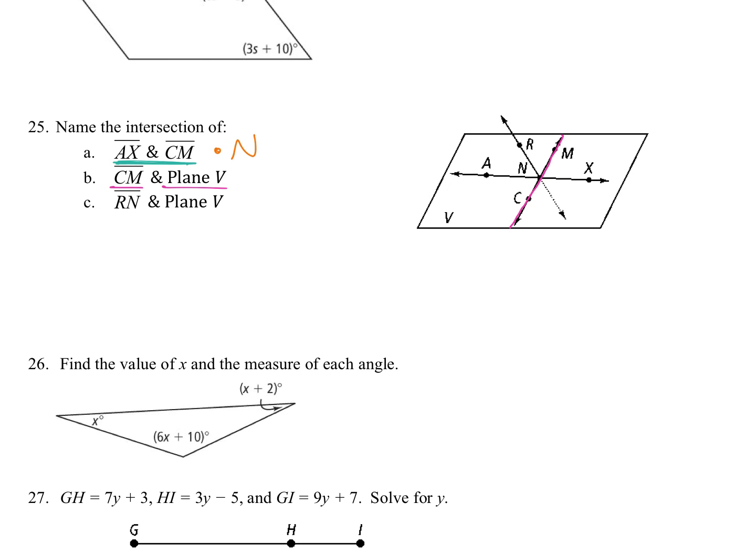So same thing here. CM is the overlap of those two things. Whereas RN, that one's going through, right? This is solid and then it's dotted. So that means it's cutting through the plane. So where does my Apple Pencil meet my arm here? The only place they touch, this would keep going through, the only place they touch is the tip of my pencil where it's touching my plane. Well, in this case, that's this point, point N, right there.